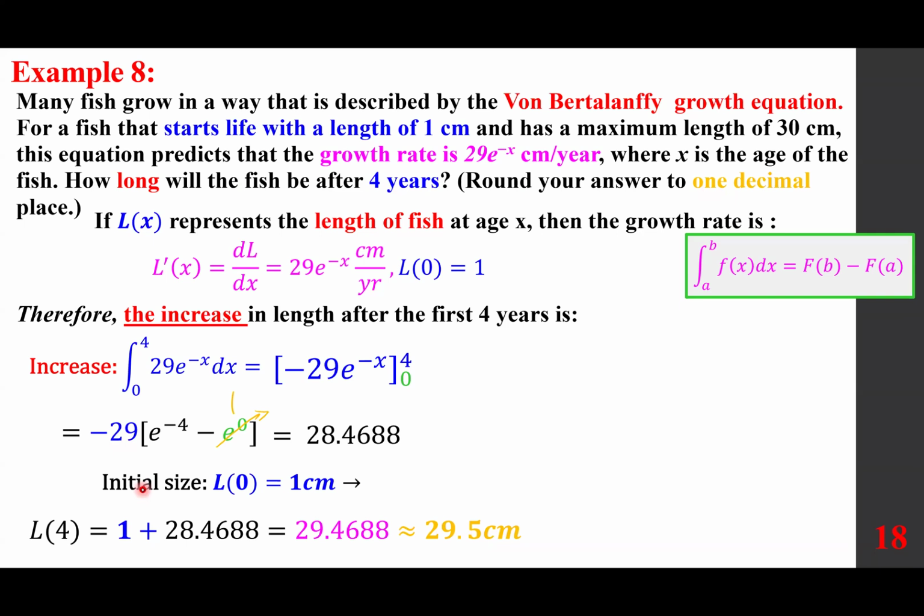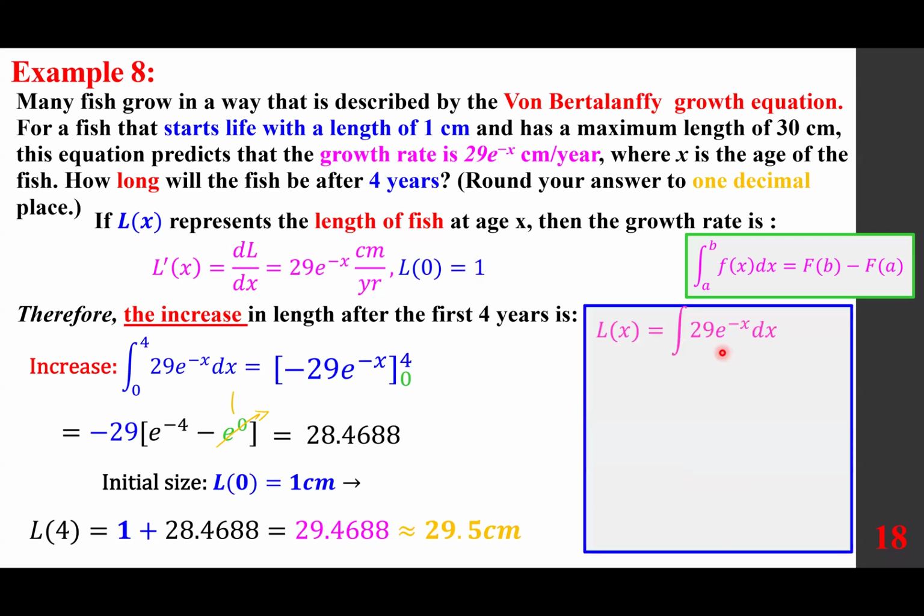And when you find the function L of x with the initial value, you can find the constant. So first and foremost, you want to integrate this, and that gives you the same answer here plus a constant. So this one plus a constant, and it's an initial value problem because L of 0 is given. So the advantage of having an initial value is that now we have a way to find the constant.